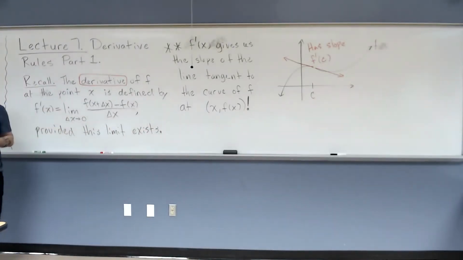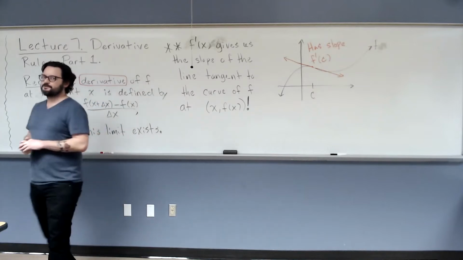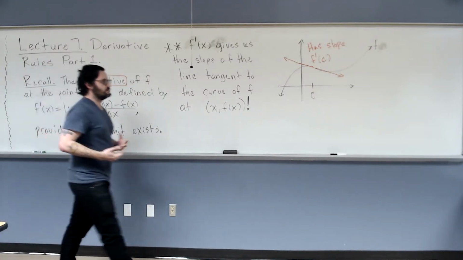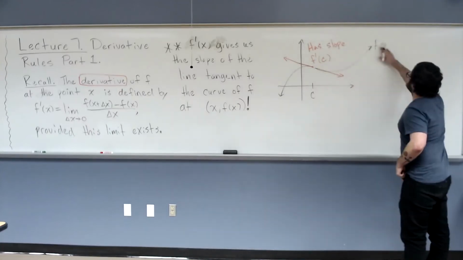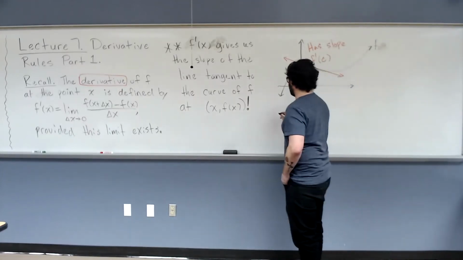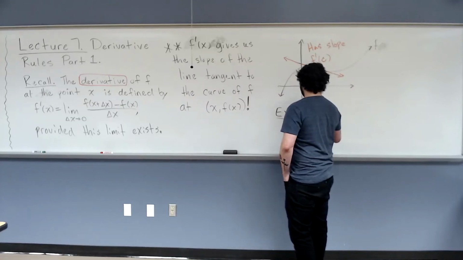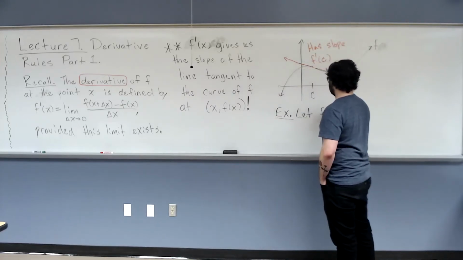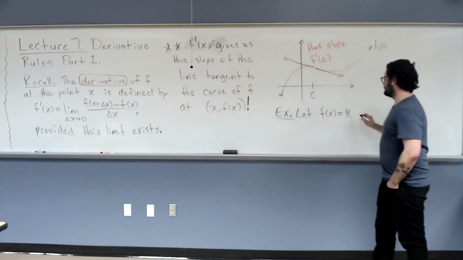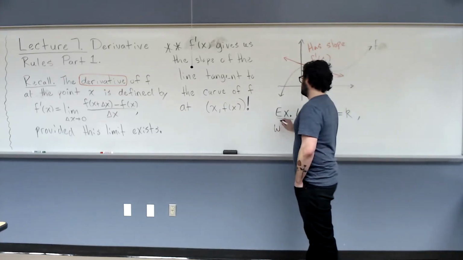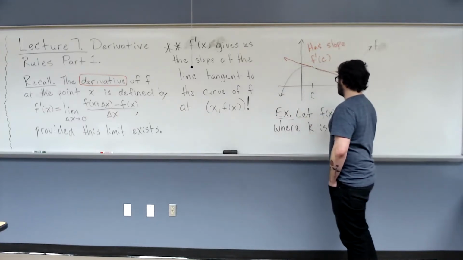So provided you have this notion ingrained in you that that's what the derivative is telling you, it should be easy to figure out the derivative of something like this. So, to get an example, let f of x be equal to some k, where k is some real number.